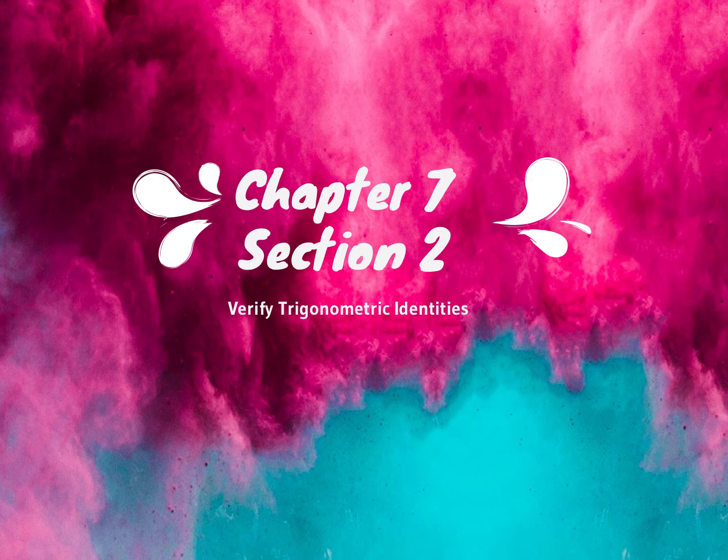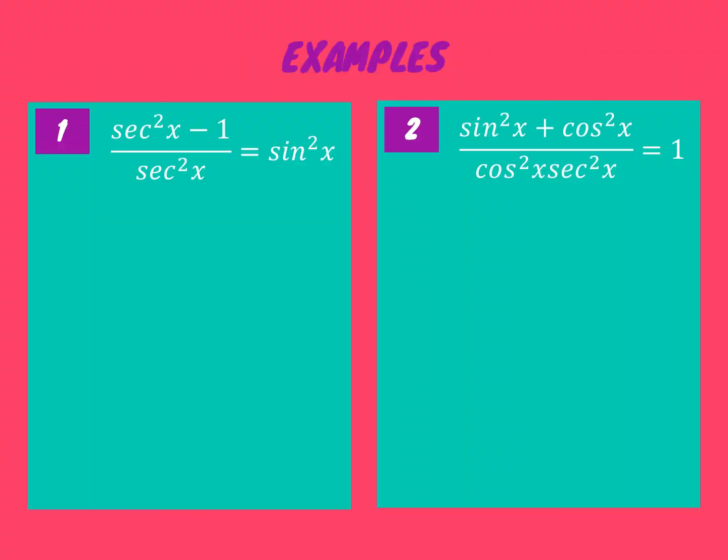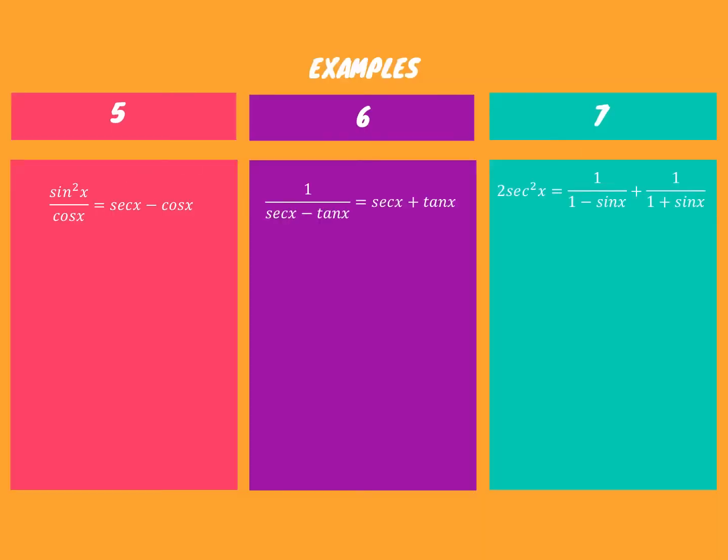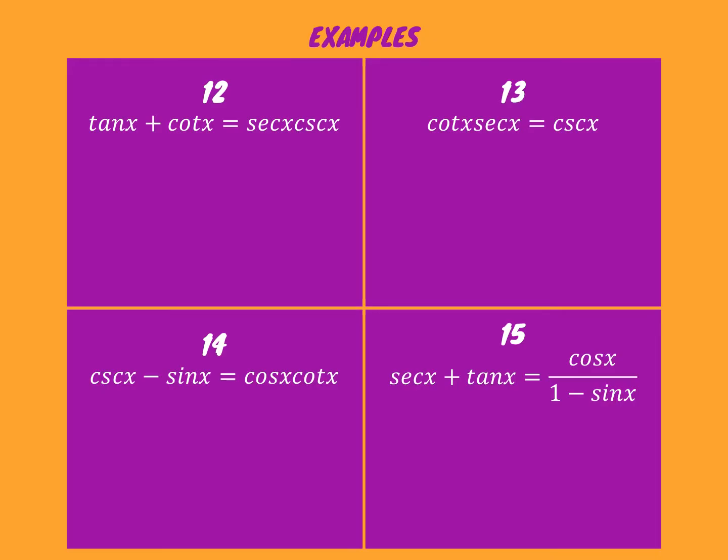So we're going to start with, I think the last one I did yesterday was number 11. So let me go through the notes here, and we're going to start with number 12. If you need to, have your little reference sheet handy to help guide you through remembering the Pythagorean identities or the reciprocal identities.